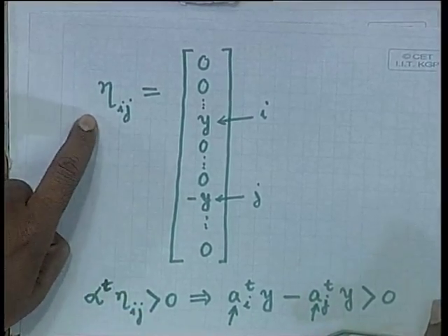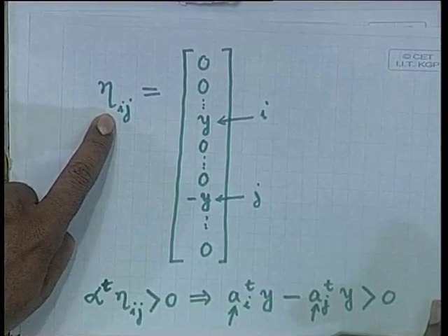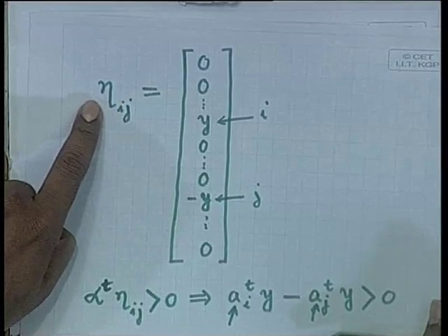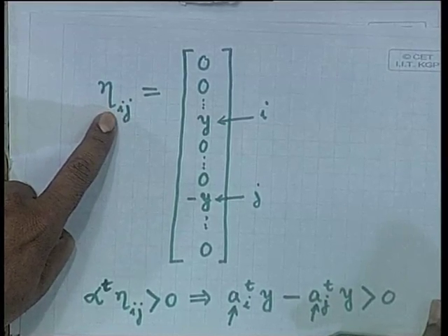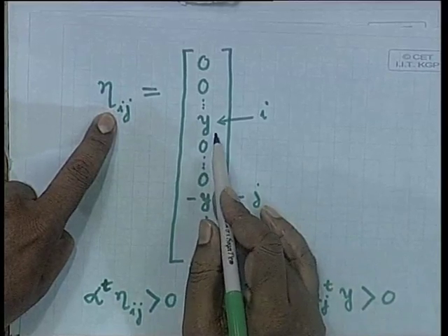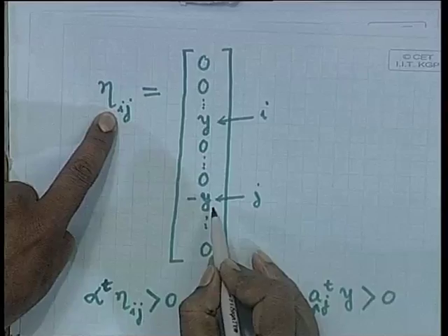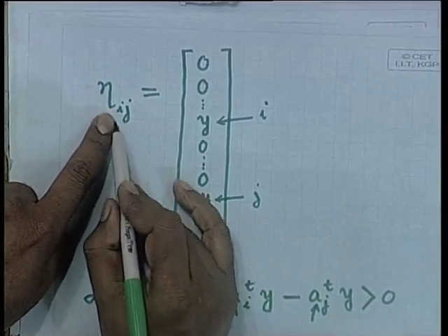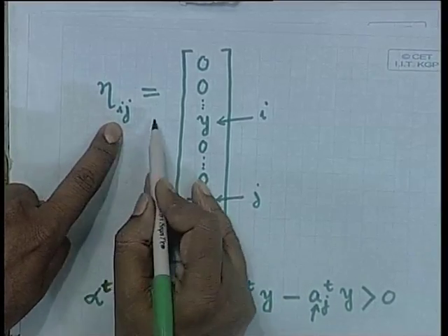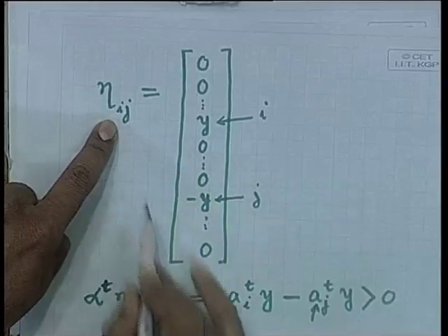Whenever I know that a sample belongs to class omega i, for every such j I have to generate eta i j, where the ith component will be equal to y and the jth component will be minus y. So, I have to generate eta i 1, eta i 2, eta i 3, up to eta i c.